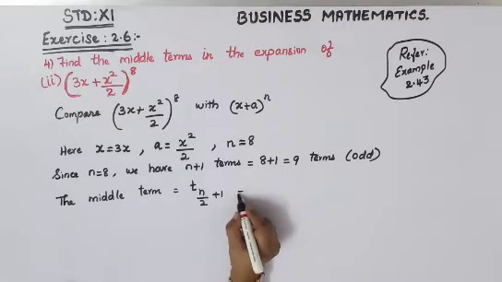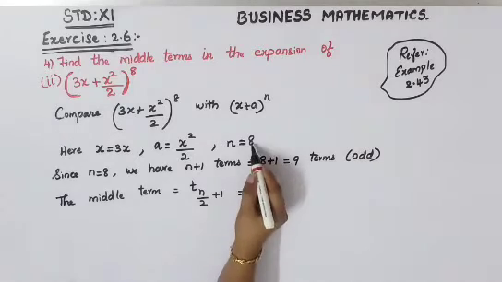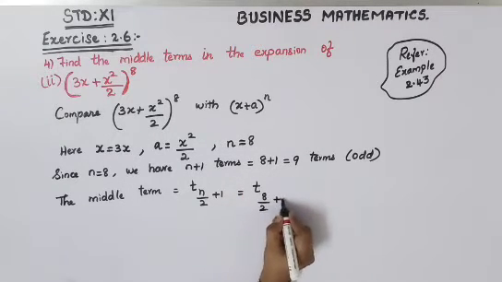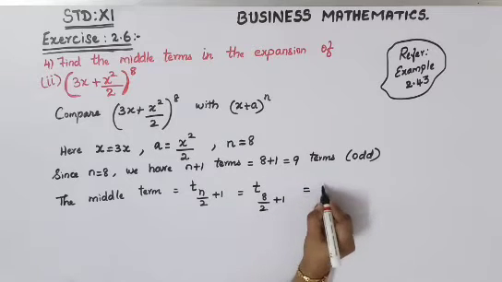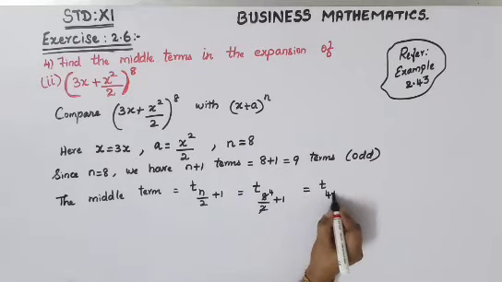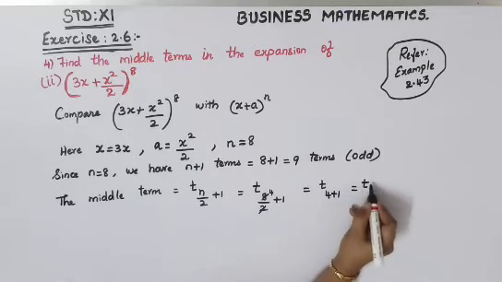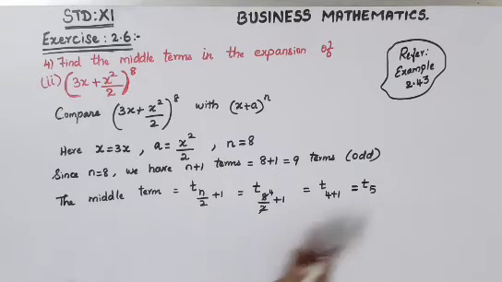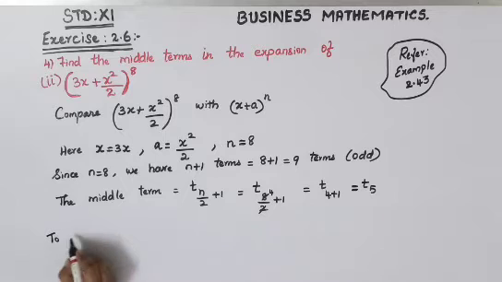So that is equal to T, in the place of n we have got 8, so T(8 by 2 plus 1). 8 and 2 you can cancel, you will get 4. So 4 plus 1 which is equal to T5. So your middle term for your given question is T5. So we'll have to find T5 now.